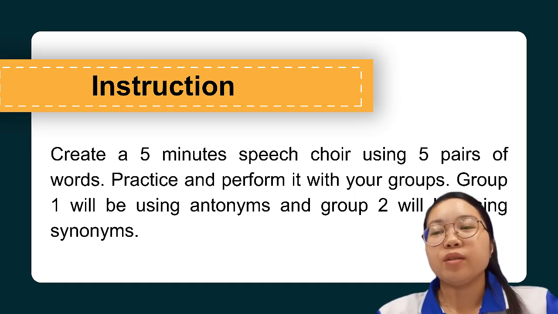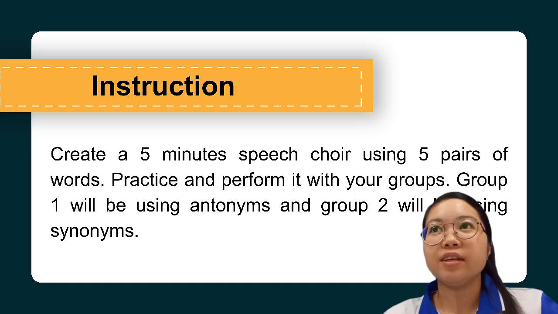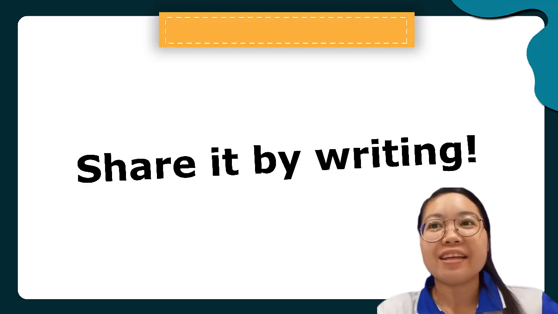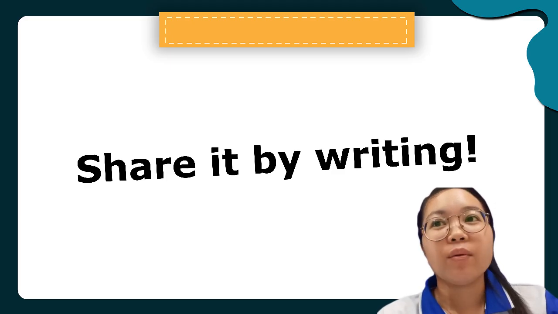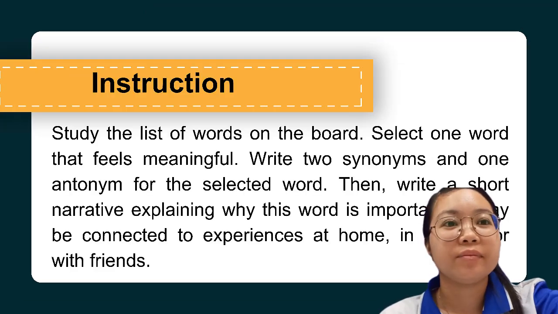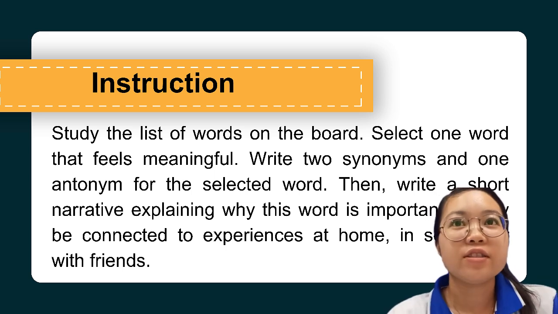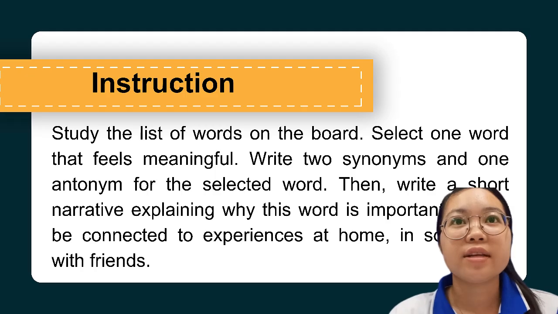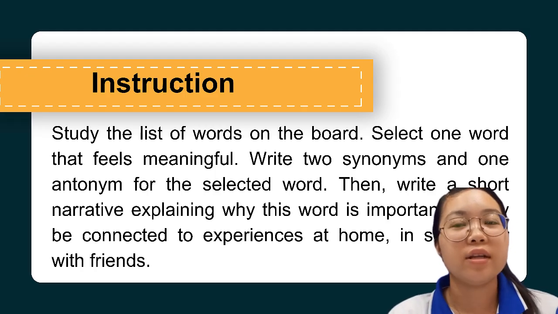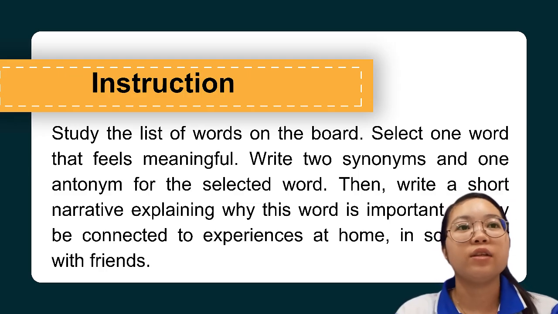Okay, for our next activity entitled Share It by Writing, for the instruction, class: study the list of words on the board. Select one word that feels meaningful. Write 2 synonyms and 1 antonym for the selected word.